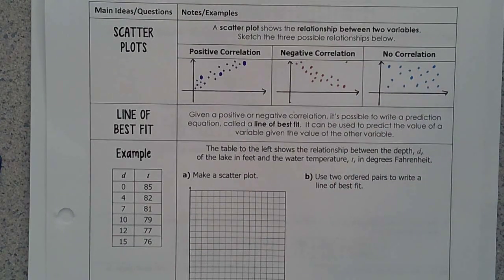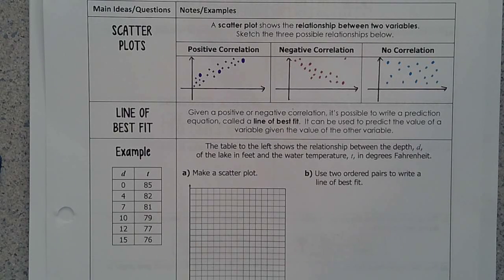So those are scatter plots. When we have a scatter plot, we gather all our data, we put all our dots on the plot, and then we look for ways to analyze the data. So if we know that we have a positive or negative correlation, we can write a prediction equation called the line of best fit. We can use it to predict the value of a variable given the value of the other variable.